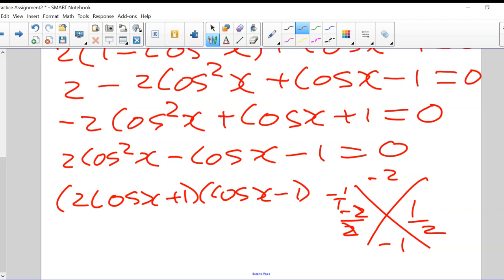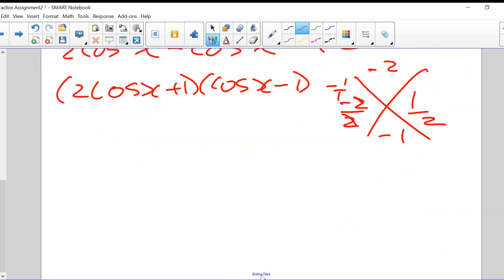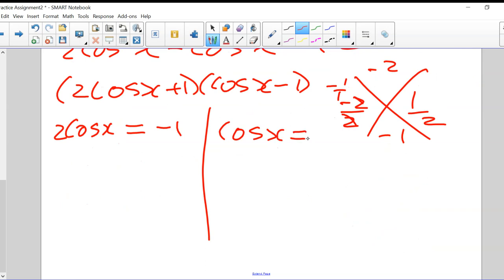Thank you, Sharisa. And thank you, Rachel. Okay. So now we can use the zero product law at this point. That means that 2 cos x is equal to minus 1 and cos x is equal to 1.